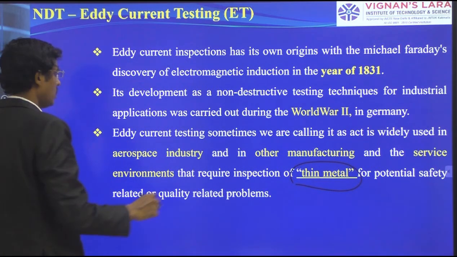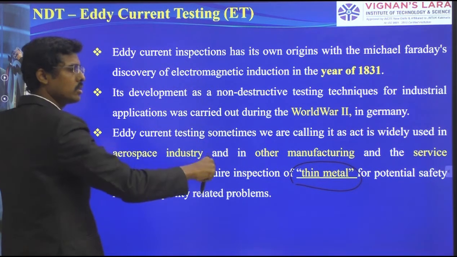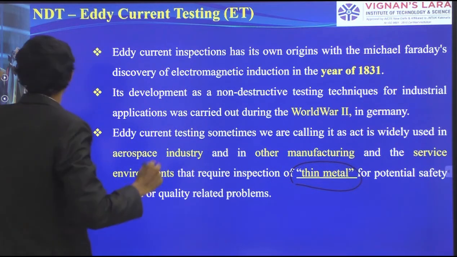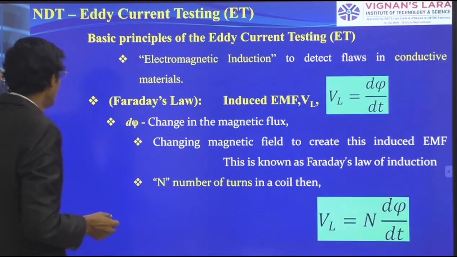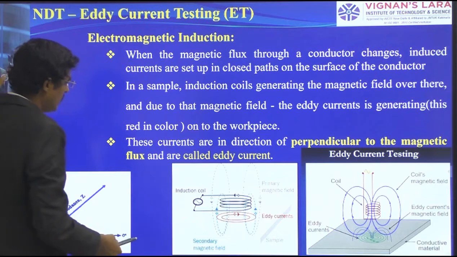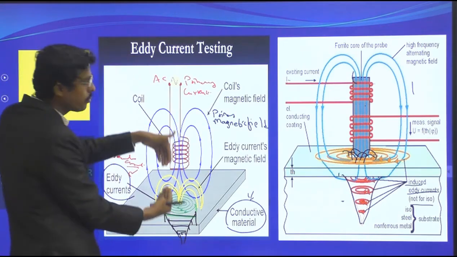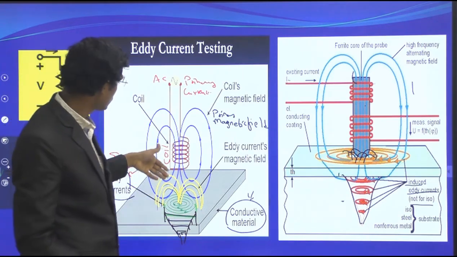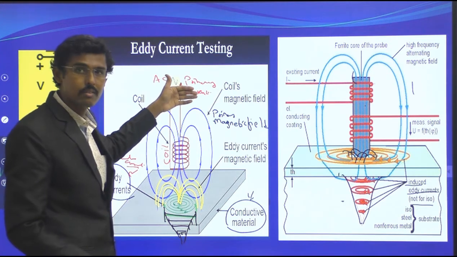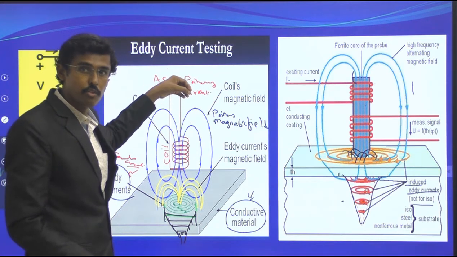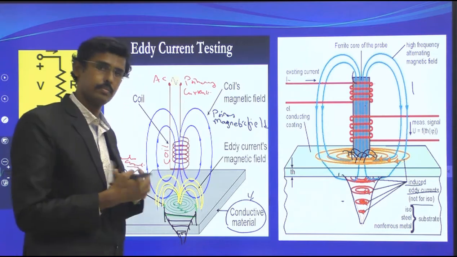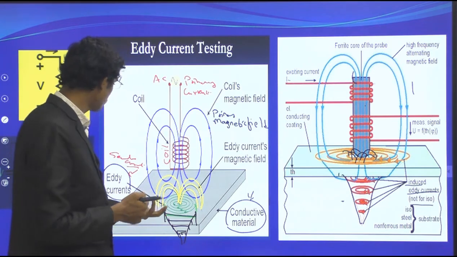It means the eddy current is reduced when it goes deeper due to the attenuation process. What is this attenuation? Both are getting reflected and both are in opposite directions. Therefore, the primary current that we have supplied is not able to go deeper fully. If it is not going deeper, the eddy current is also not generated.